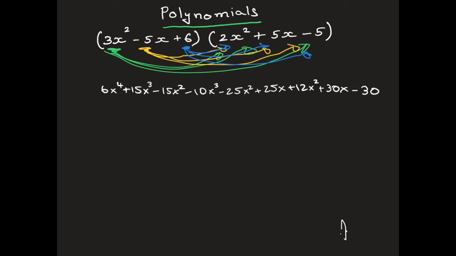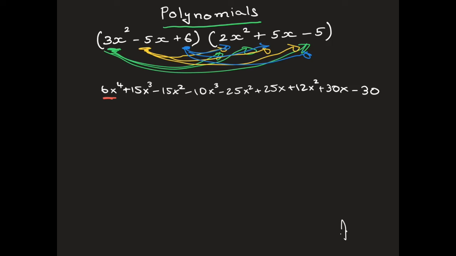So we'll take our x to the power of 4, 6x to the power of 4. Now we'll look, are there any more numbers that are powered to 4? No, there aren't. So we know that 6x to the power of 4 is going to be our number that remains the same. And remember, you can only add numbers that have the same exponent.